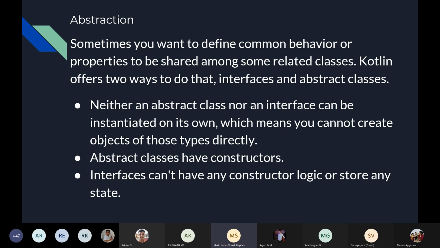If you define a class as abstract, you cannot call the constructor directly and expect to have an object then and there. Abstract classes have constructors, and interfaces can't have any constructor logic or store any state. Like I said, the name and the age were the state of the object.